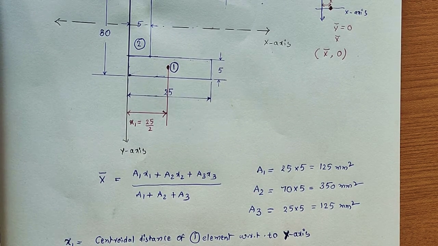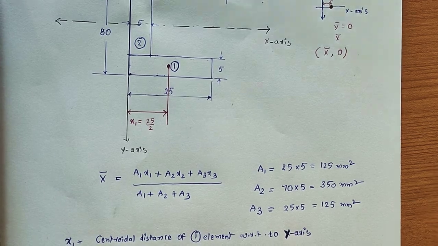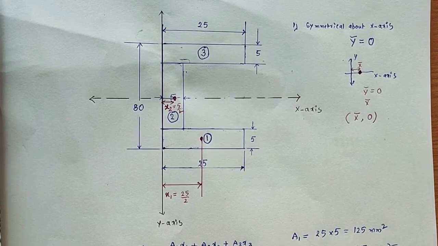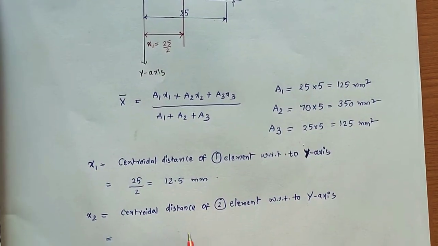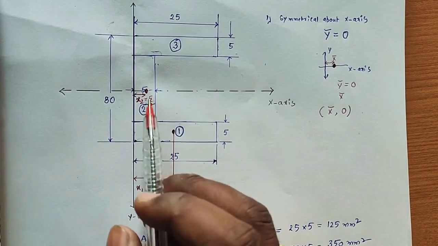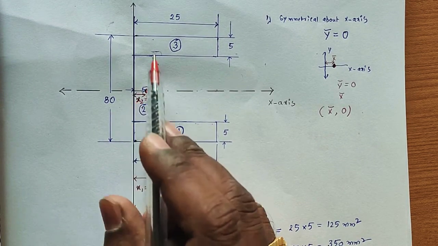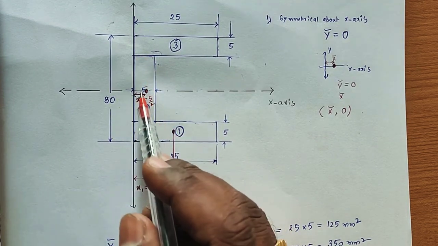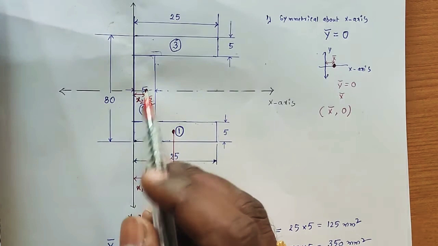Next is x2. x2 means the centroidal distance of the second element with respect to the y-axis. This is the second element, and its centroid exists at the center.